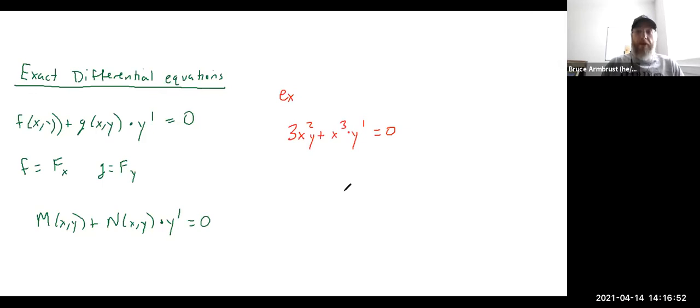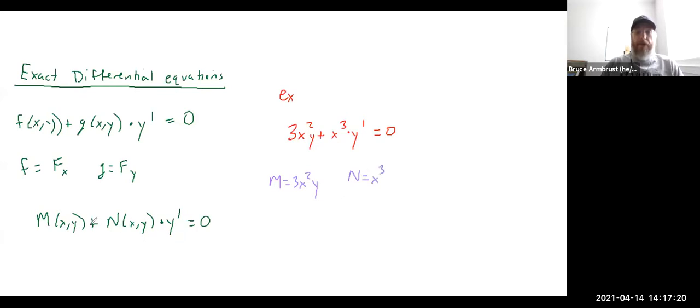Now, I totally admit that this one is one we already know how to solve. I don't know if you notice, this is a linear first order, but I just want to point out that this thing is exact. So here are your M's and your N's. M is 3x squared y, and N is x cubed.